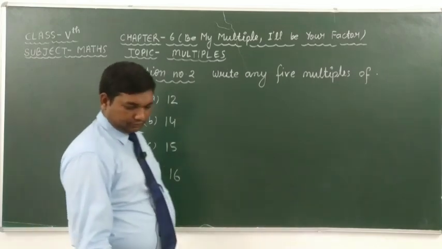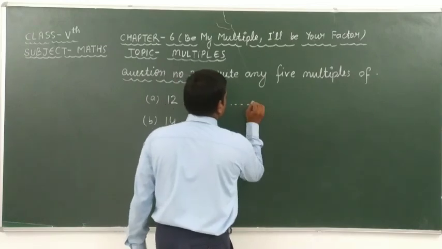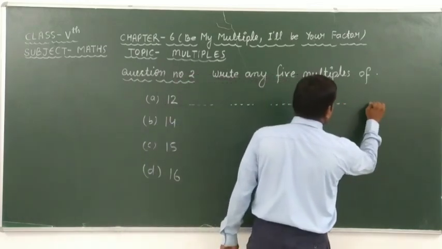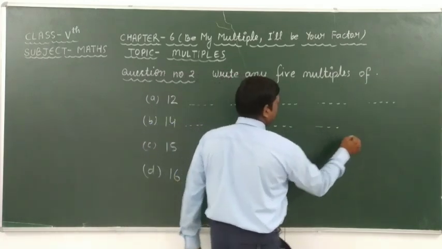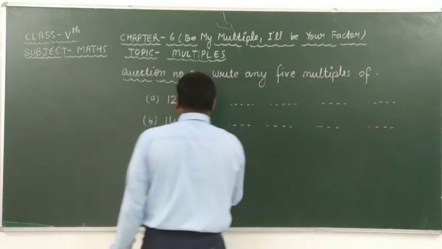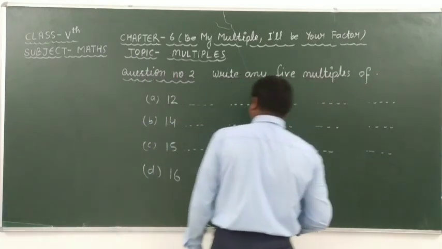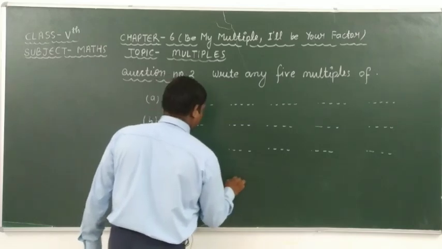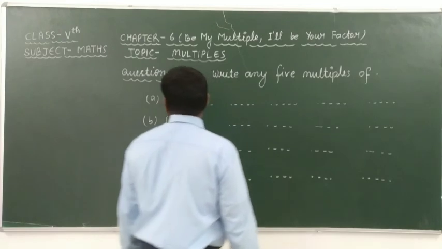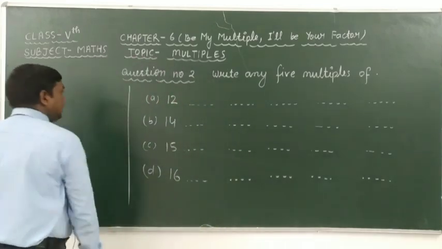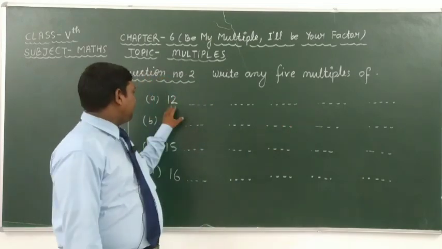Okay students, look at here carefully. In this question, we can write 5 multiples of a given number.